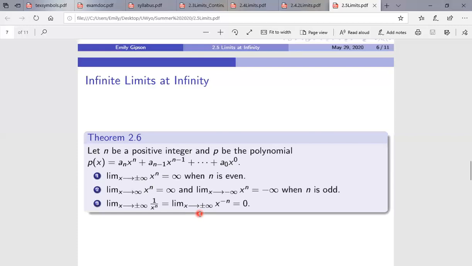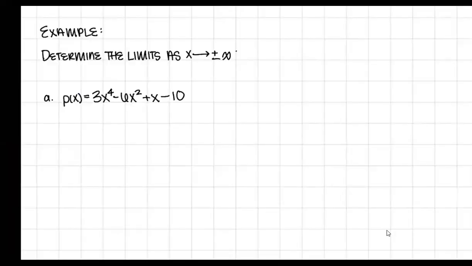So let's go ahead and do some examples so that you guys can get familiar with working with these. So our very first example, we want to determine the following limits as x approaches positive and negative infinity.